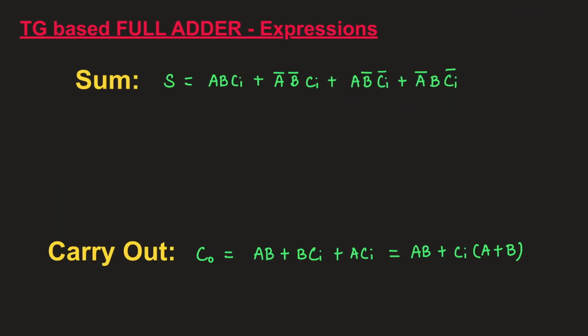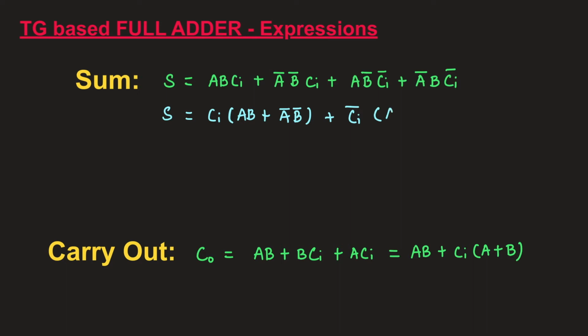The general Boolean expressions for sum and carry output are shown here. So now we will start with the sum expression and reorient it in terms of carry generate and carry propagate functions. First, let us find out the common terms here. We can see here that Ci is common from the first two terms. So let me rewrite it as AB plus A bar B bar into Ci, plus here Ci bar is common.